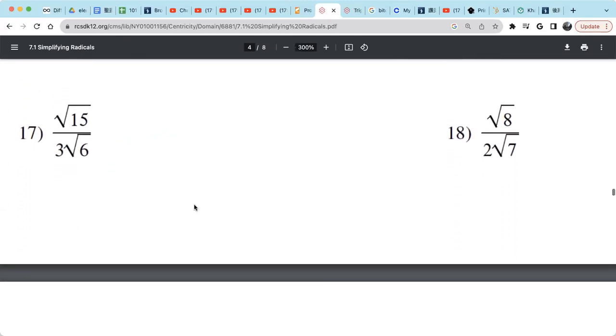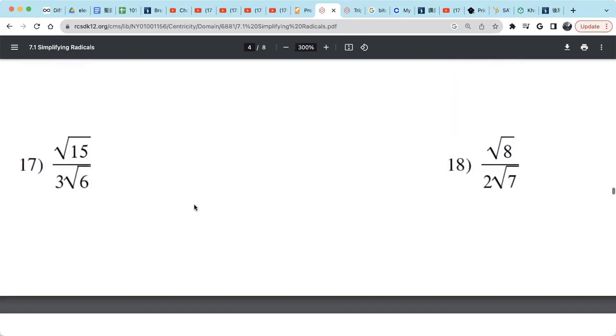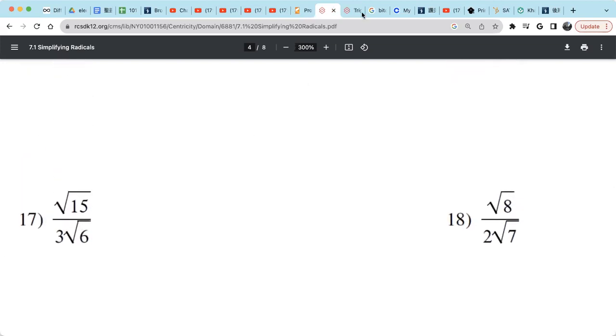Let's see 17 and 18. So 17, it can be simplified a little bit if you can see it. In the numerator I have square root of 15, and in the denominator square root of 6.